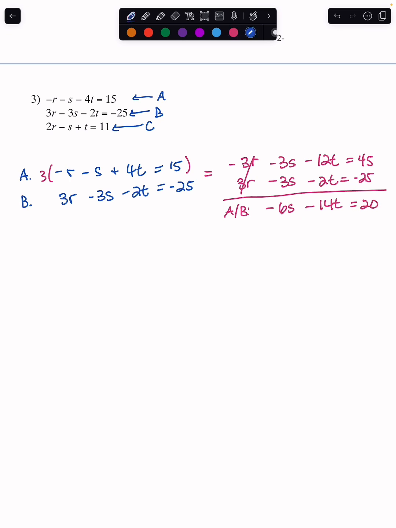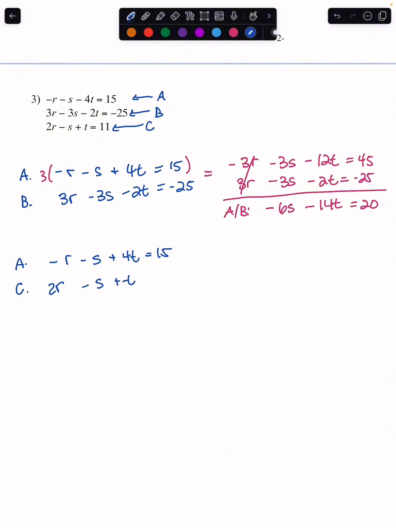Anytime I have a line with the coefficient of 1, remember coefficient is the number in front of the variable, and this r happens to have a coefficient of 1. That makes things so much easier. So I got negative r minus s plus 4t equals 15. Then I have 2r minus s plus t equals 11.